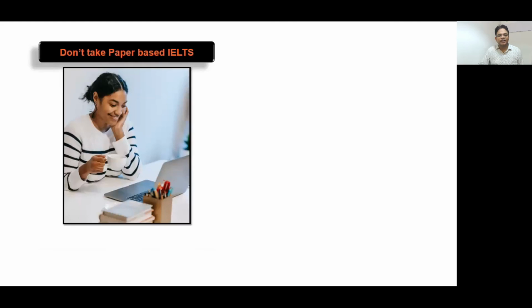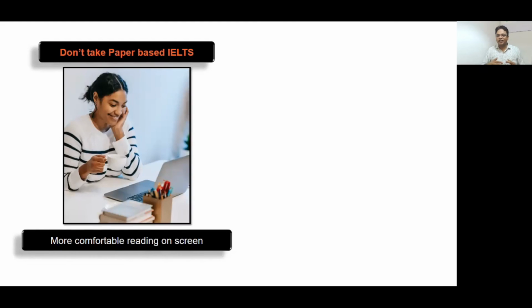And the third thing, guys, if you are more comfortable reading from the screen, maybe you are a software employee, or a working professional who spends hours every day sitting in front of the computer, reading a lot and writing a lot, in that case you are more compatible with the computer-based exam.